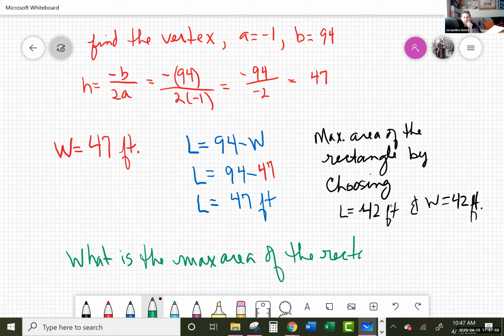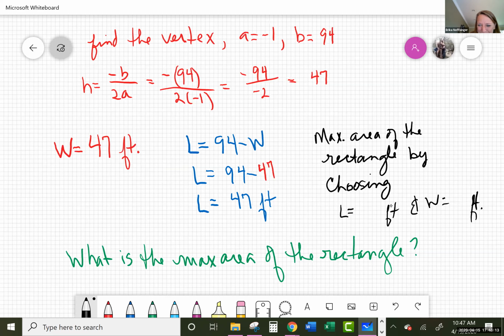You mean by choosing 47 feet? I was wondering too, of 42. Oh, sorry. Okay. I don't know where I got 42 from. I like that number better than 47. I don't know why.